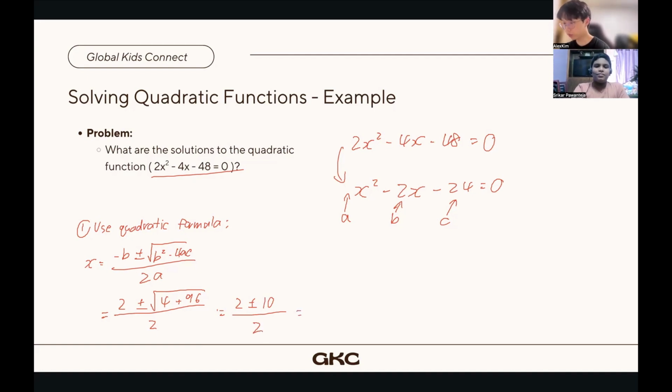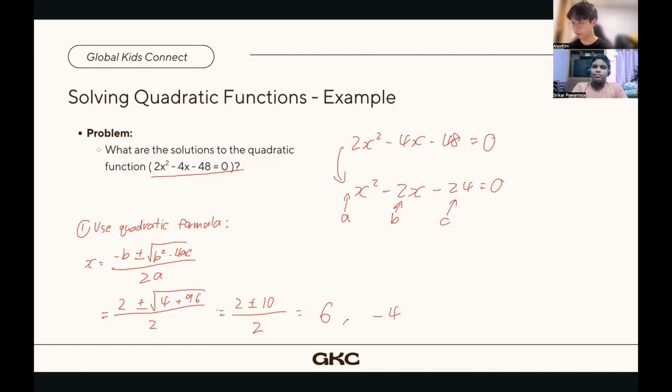And so if it was plus, then you could get 12 over 2. Or if you did the minus, you can get negative 8 over 2. And if you solve these, you get 6 and negative 4. Yeah, that is correct. And so using the quadratic formula, you can directly find the solutions to the quadratic function.